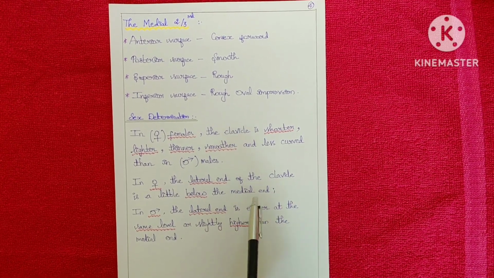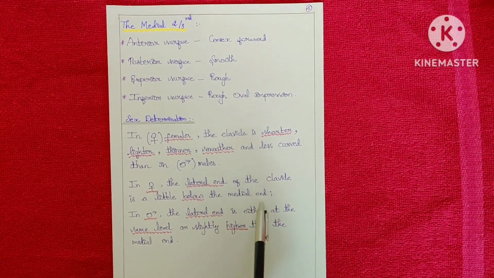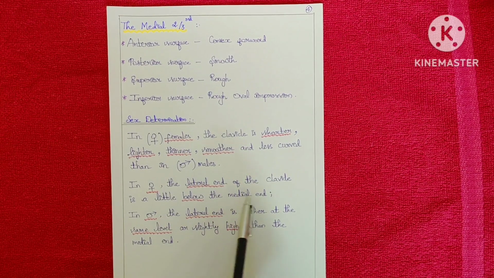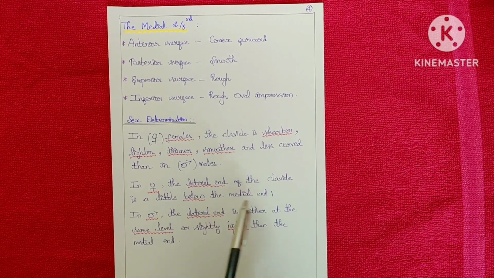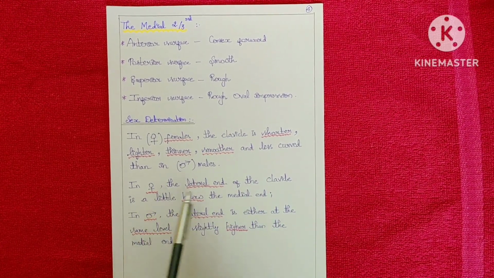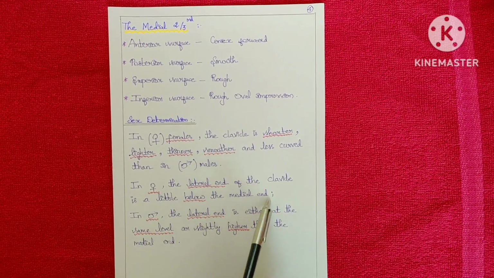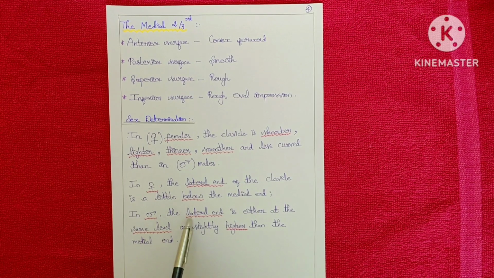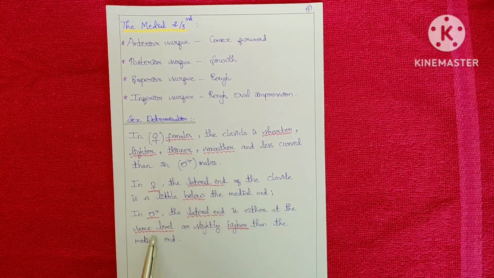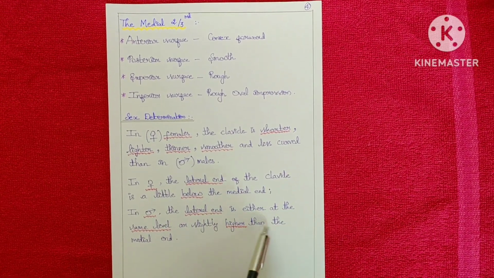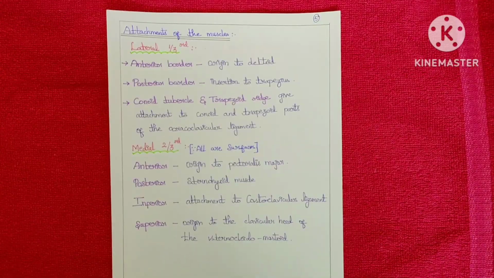So, lateral end means என்னது நம்மளுக்கு அந்த acromion process region தான் lateral. And medial நாலே sternal side. So, sternum இருக்க side தான் medial சொல்வாங்க. Whereas, in males, the lateral end is either at the same level or slightly higher than the medial end.